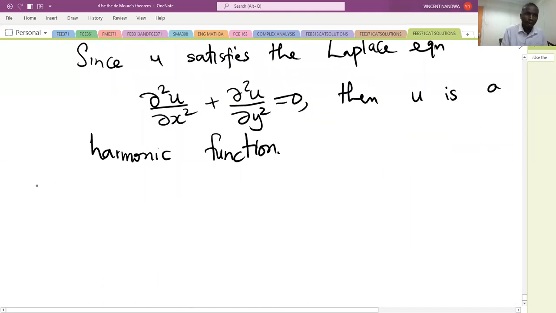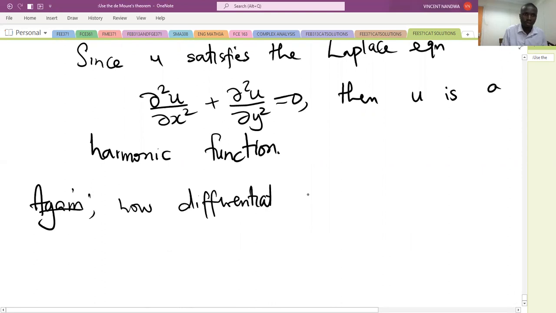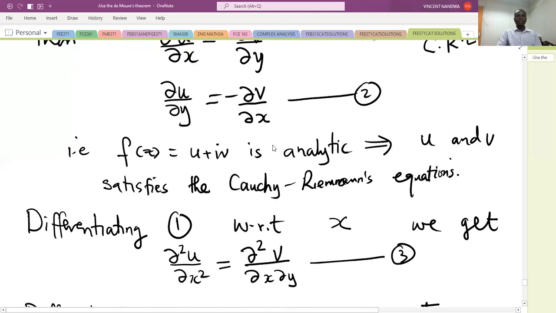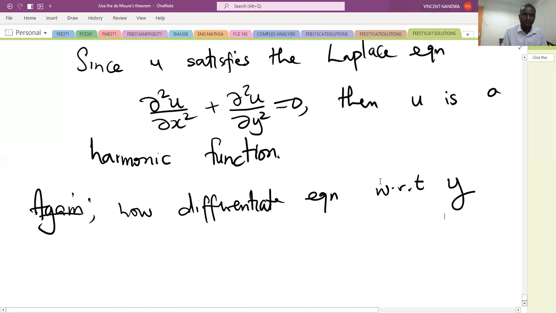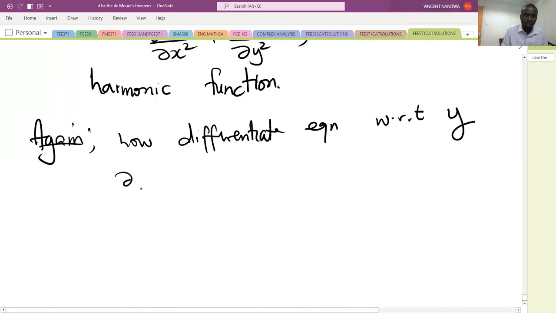Now again, differentiate equation 1 with respect to y. So let me just rewrite them. Remember, here we have partial u partial x equals partial v partial y.